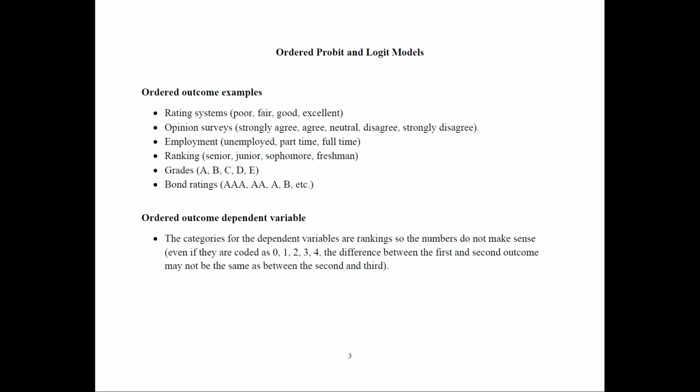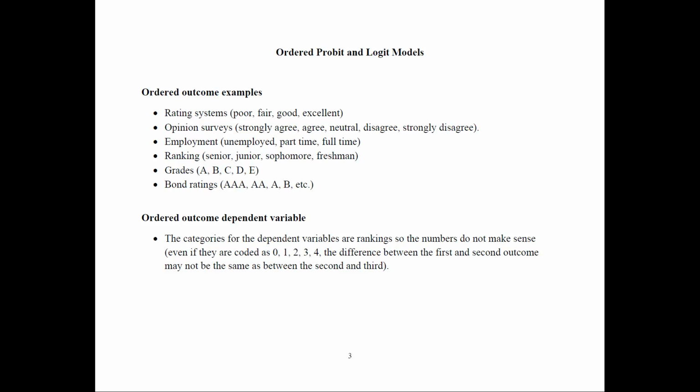Next, we could have grades. A is the highest in the US, B, C, D, and E. Or we could have bond ratings, AAA, AA, A, B, and so on. So notice that in all these cases, the dependent variable would be an ordered one. It will be categorical, it won't be a number, but it will be ordered.